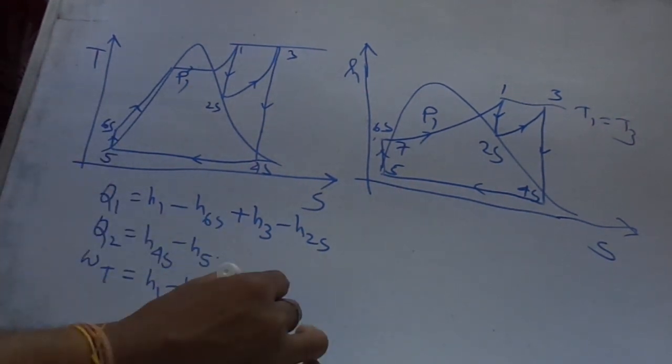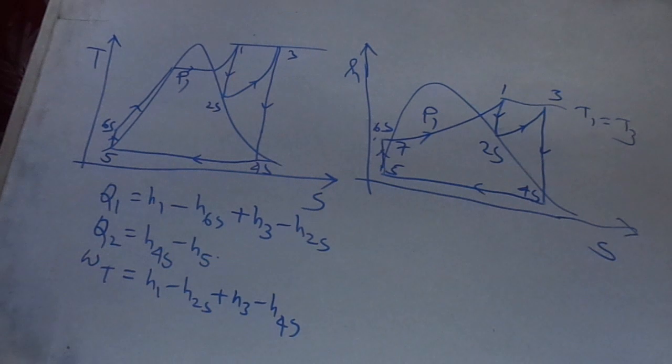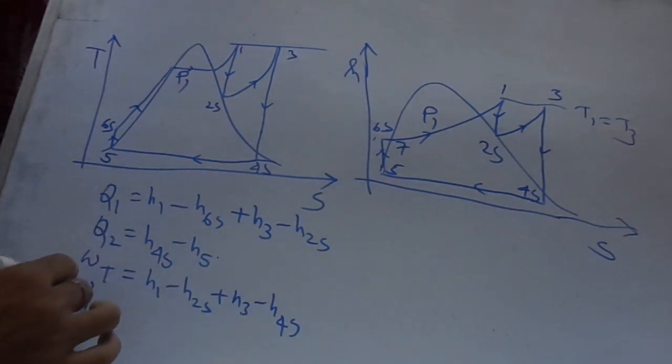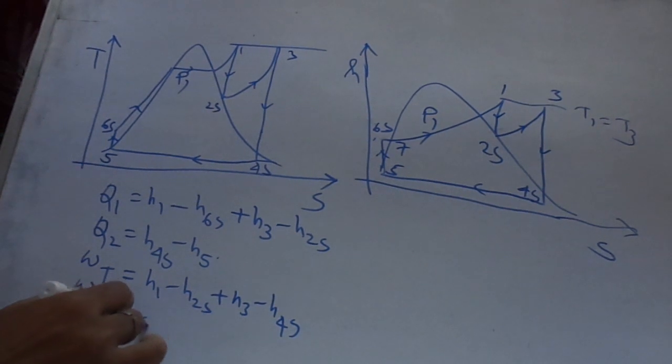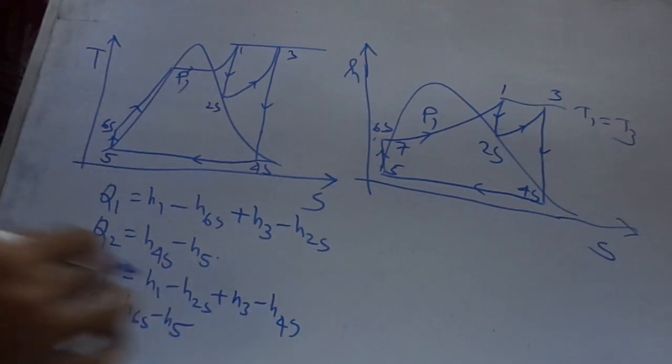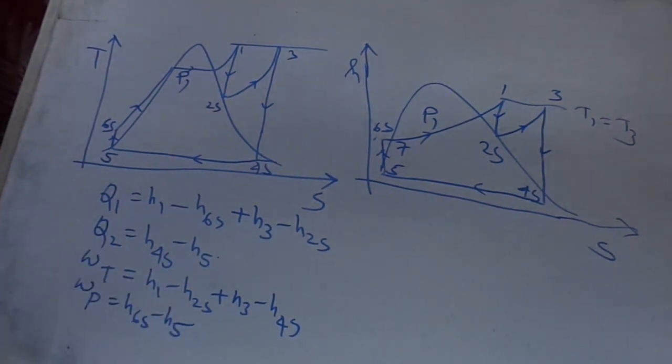Pump work done: the pump is positioned between 5 and 6s. So WP is equal to H6s minus H5. That is the pump work done.